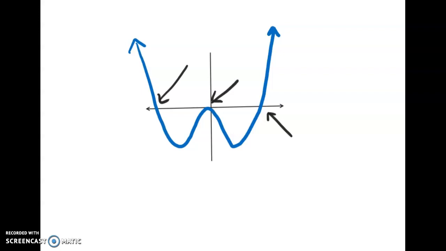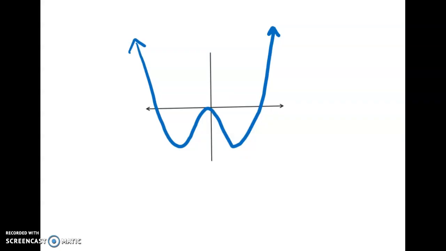There's 3 of them. And there are 2 places where it made a turn here, and then it also made a turn here. So we want to be able to examine that and see, how do we find those?